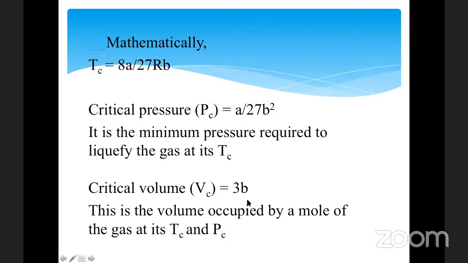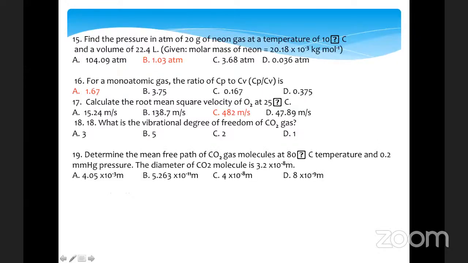So here are some more questions for you to answer. Find the pressure in atmosphere of 20 grams of neon gas at a temperature of 10 degrees Celsius and a volume of 22.4 liters, given the molar mass of neon to be 20.18 times 10 raised to the power minus 3 kilogram per mole.